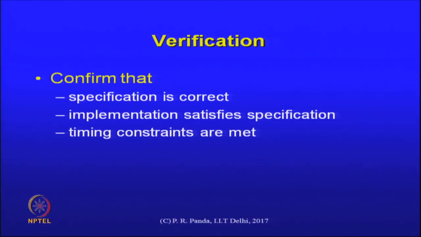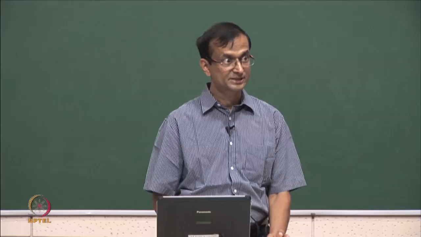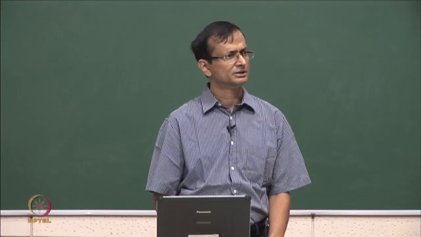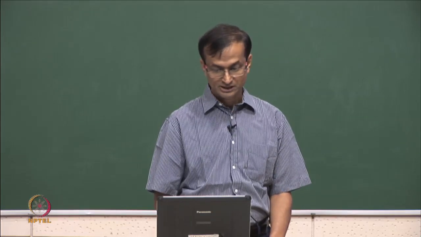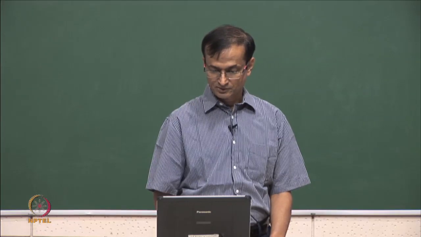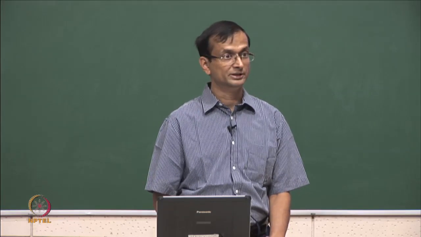If we are satisfied that the specification is correct, then there is the question of being satisfied that the implementation that is generated at the end of these design steps actually satisfies the specification. For that same specification there might be many different implementations, all of which are okay. They might even be equivalent with respect to each other, but like we said the other day, all might not be equally good.